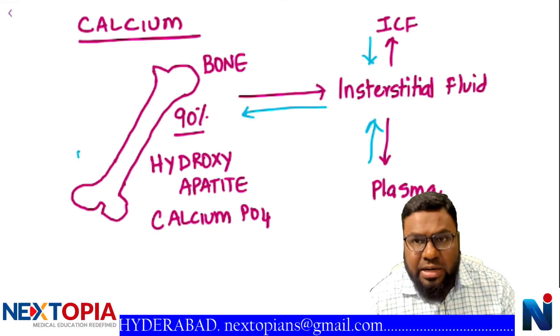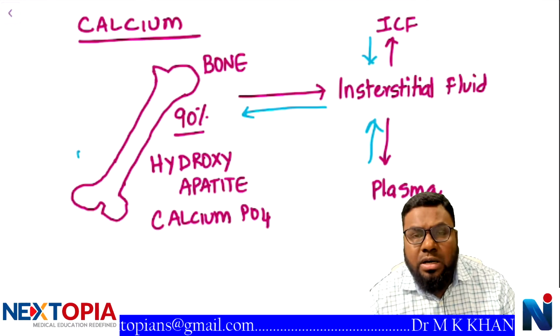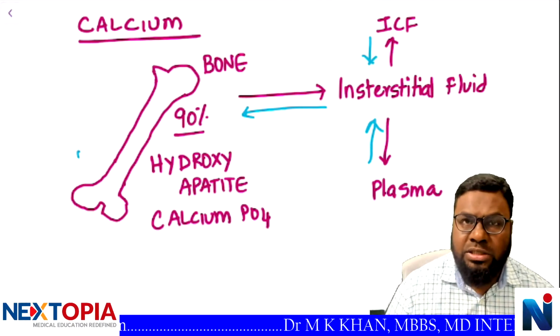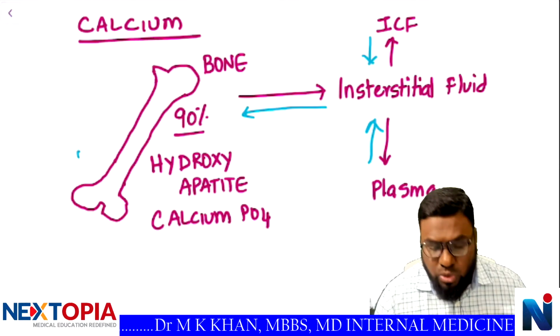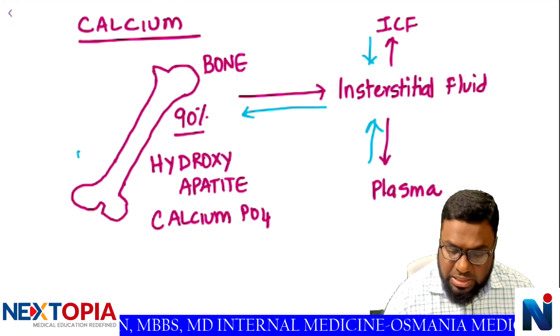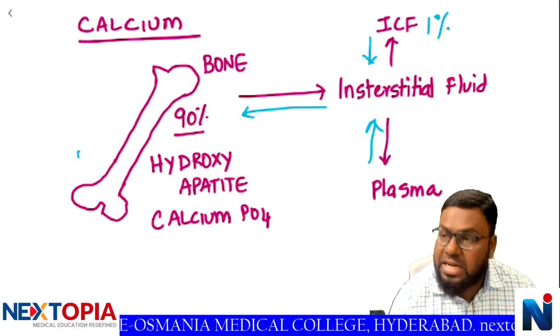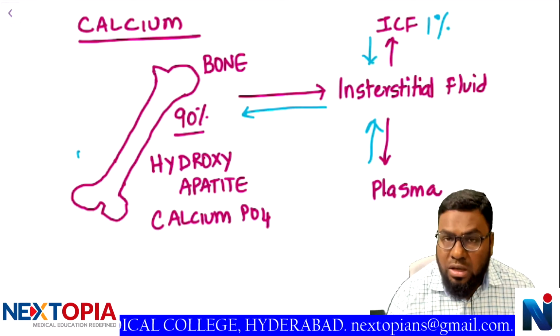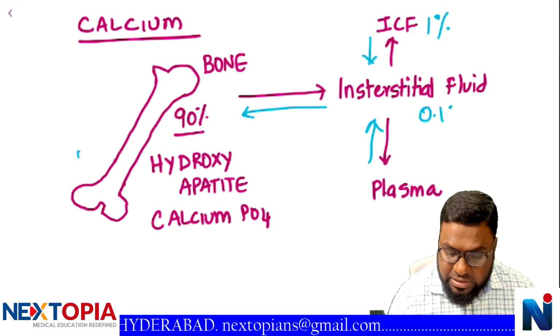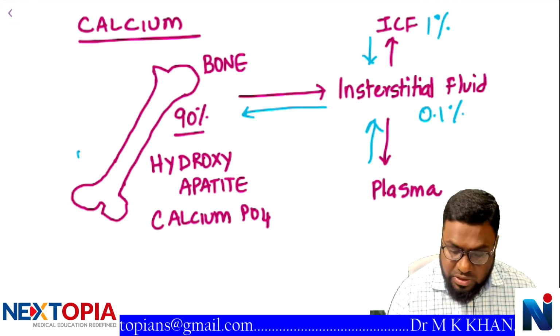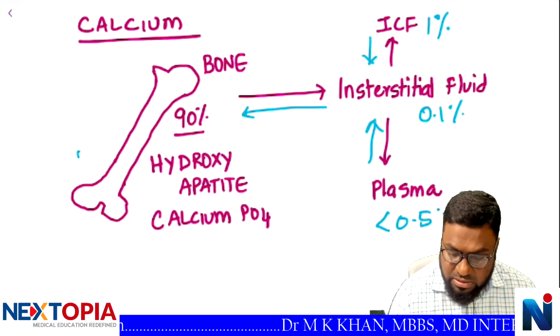So you may wonder, where is the second best area of storage of calcium? Usually in the intracellular fluid, 1% of the calcium is present. 0.1% stays in the interstitial fluid. Less than 0.5% is in the plasma.